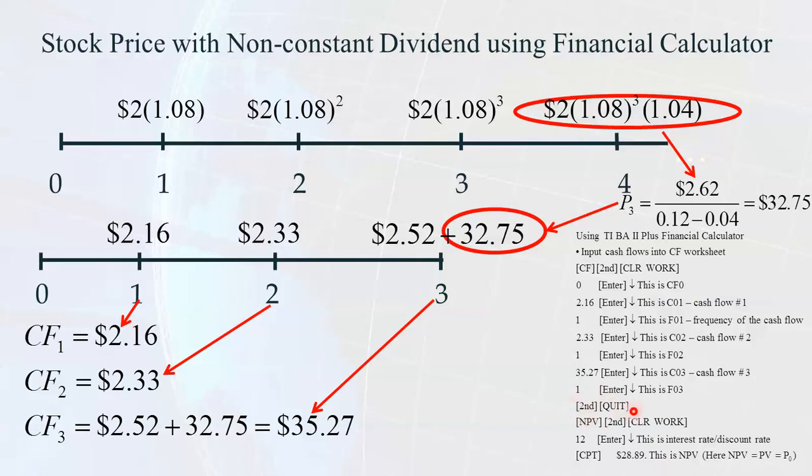Then clear and quit the cash flow worksheet, go to NPV, put in the discount rate, go down, and compute NPV. That's going to give you the stock price, $28.89. So we are definitely dealing here with the time value of uneven cash flows.